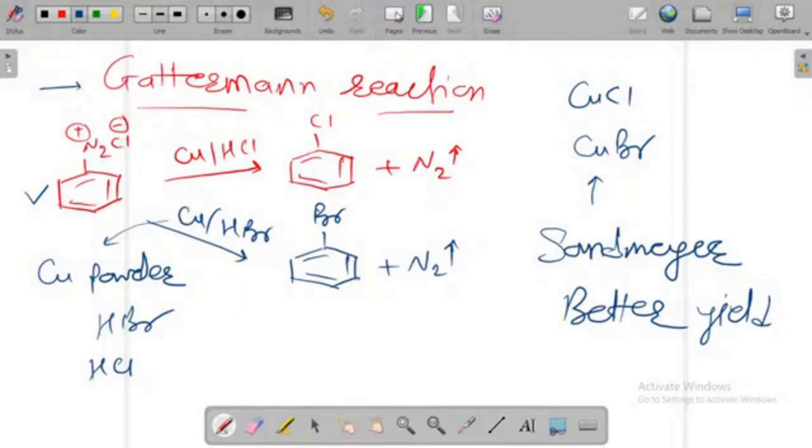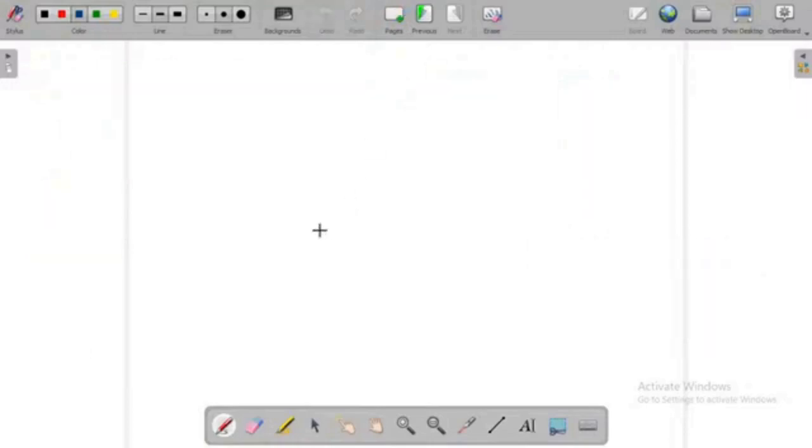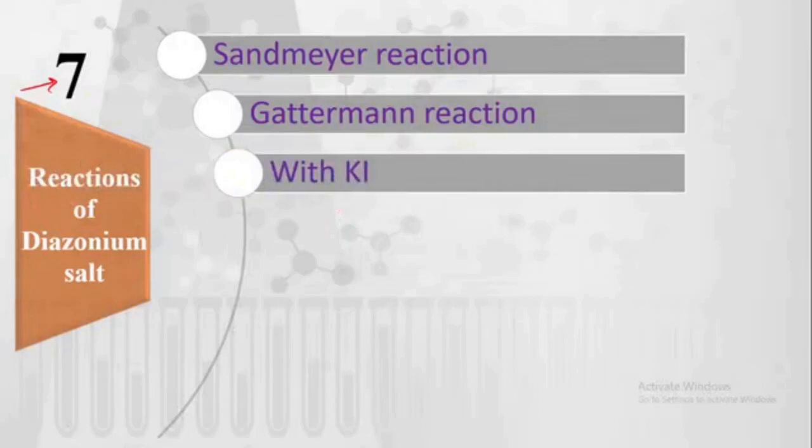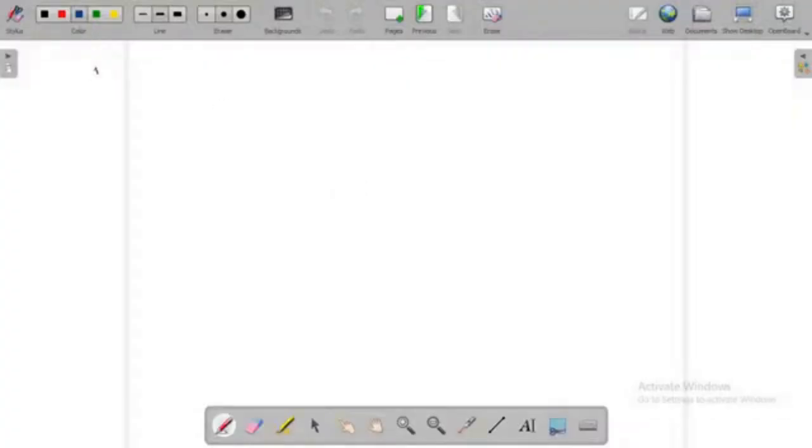Now we'll see the next reaction, with potassium iodide, KI. If you try to perform this reaction as a Sandmeyer or a Gattermann reaction, the reactivity of iodine is not as much as bromine or chlorine.